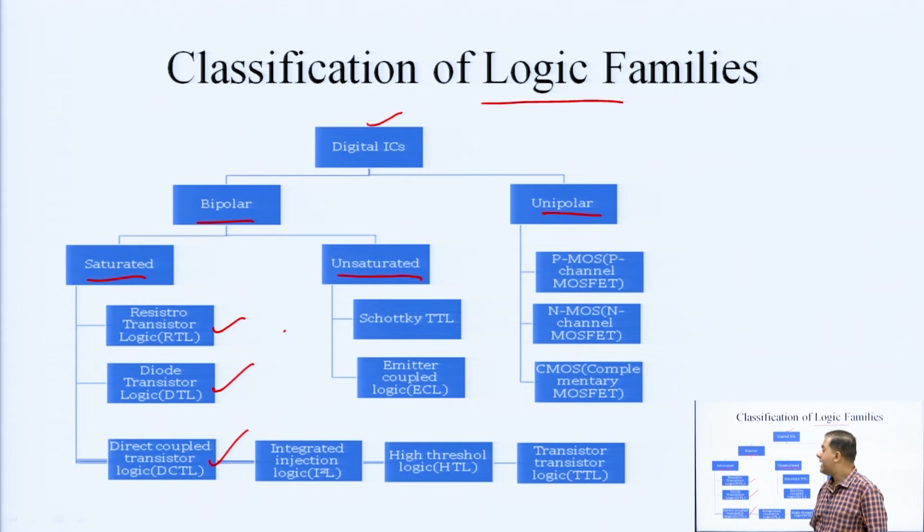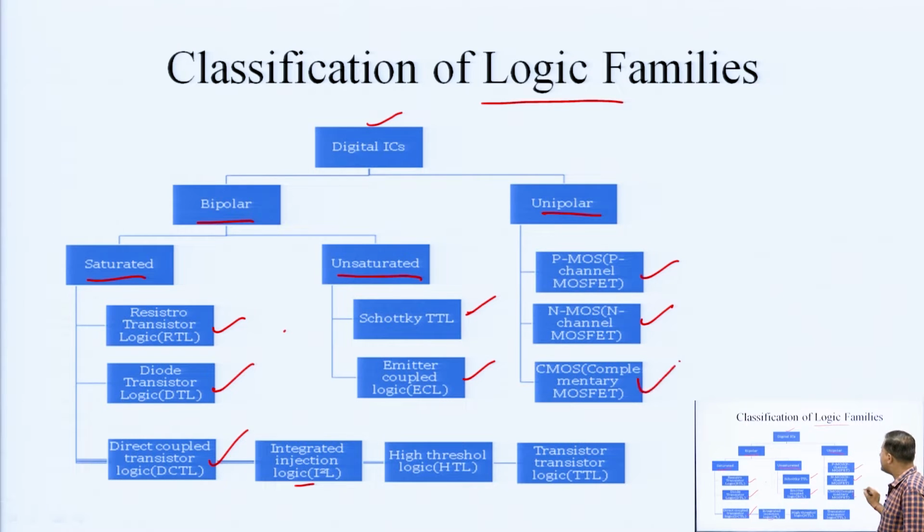DCTL is direct coupled transistor logic, also termed I square L, integrated injection logic, then HTL and TTL. For unsaturated there are Schottky TTL and emitter coupled logic ECL, and unipolar can be PMOS, NMOS and CMOS. So, this is the classification chart of logic families.